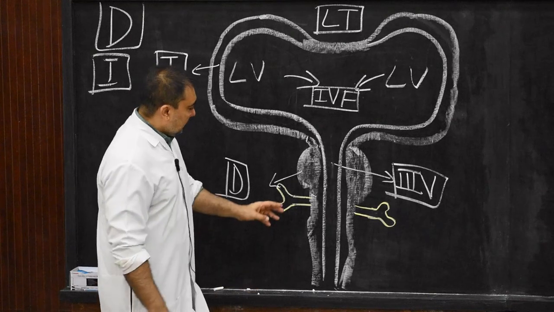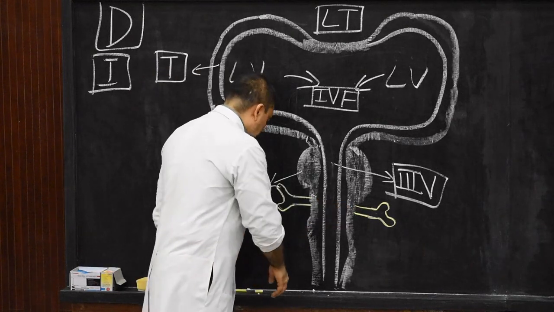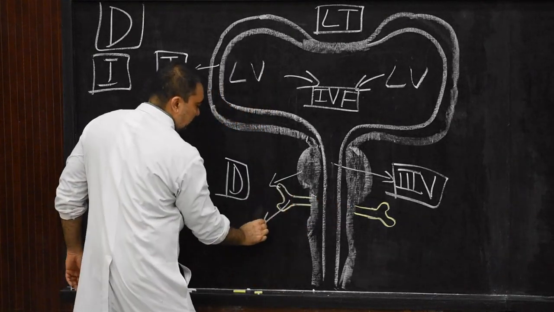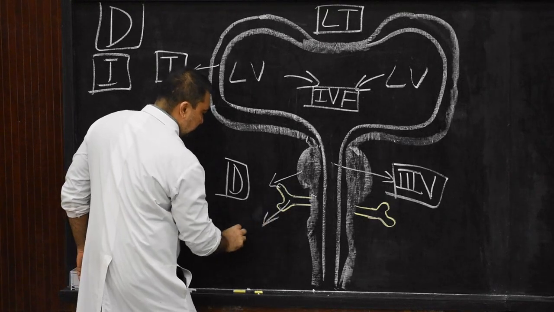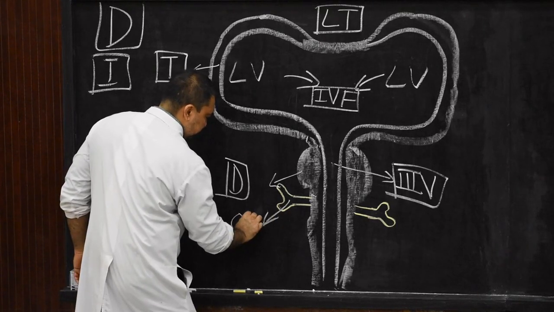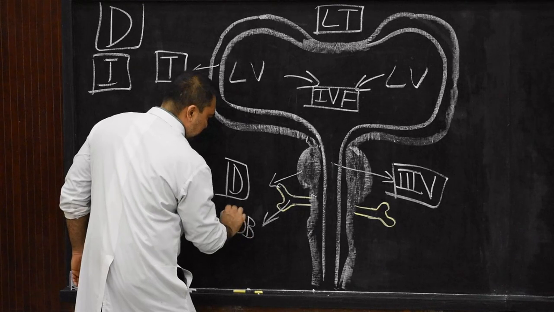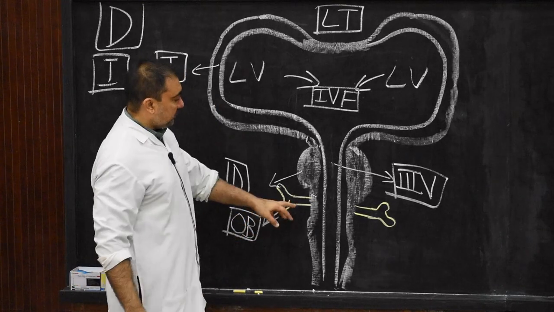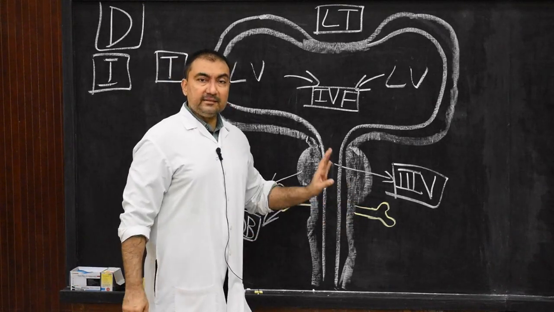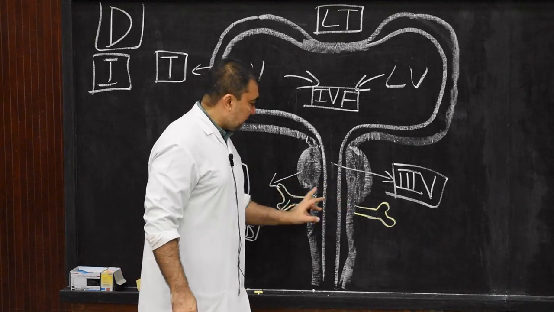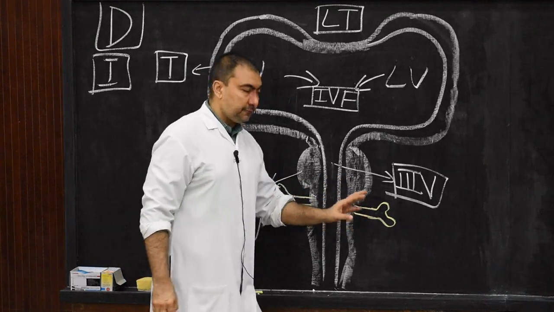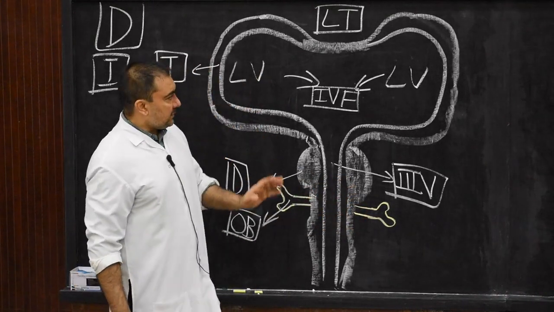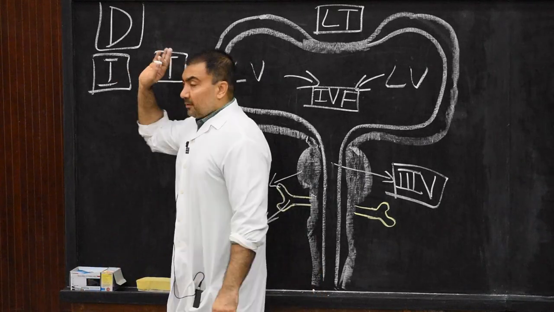In the early part, these two lateral projections are called optic bulbs. So the lateral projections of the optic bulbs will be from the diencephalon, from the lower part of its lateral side. Here we finished our introduction of the diencephalon.